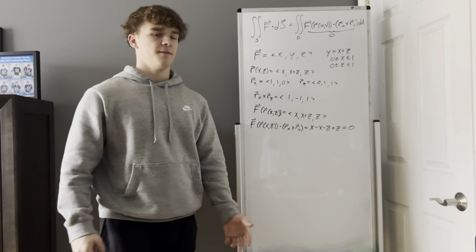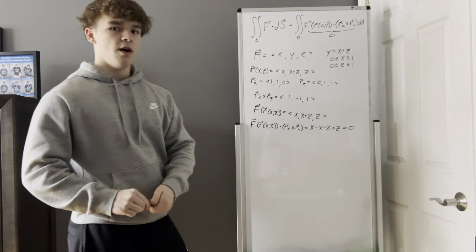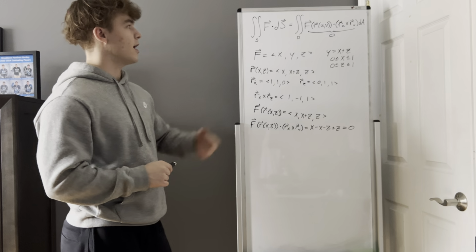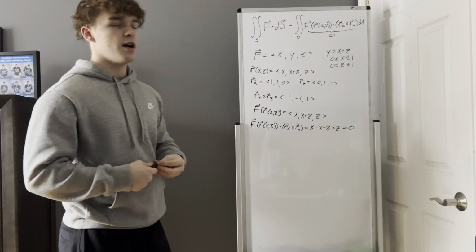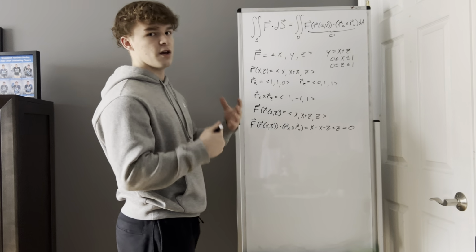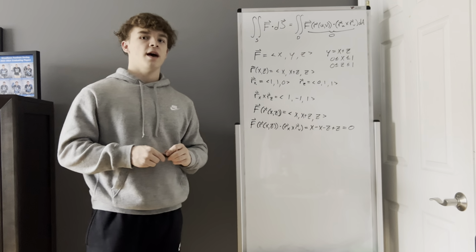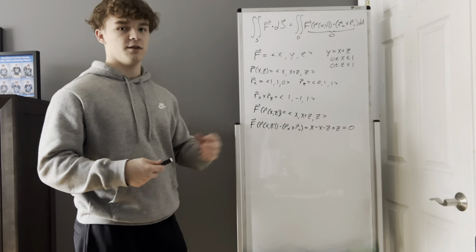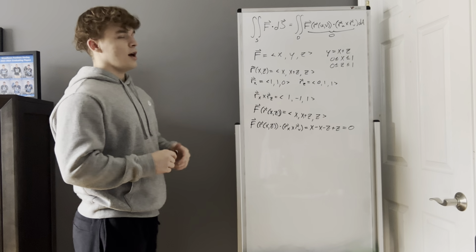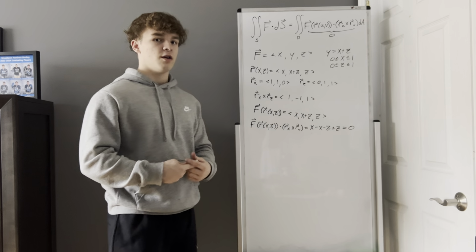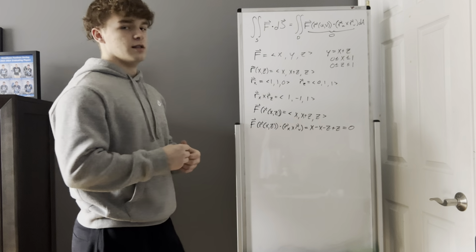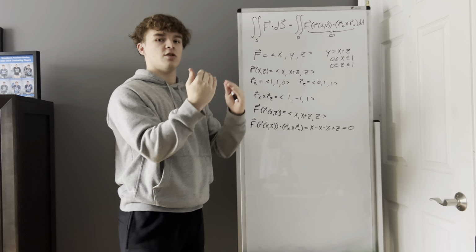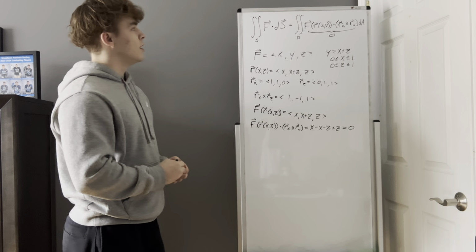But what does this mean? At the start of the video, I told you that the surface integral of a vector field can be thought of as how much of that vector field is going through the surface. In fields like engineering, we would call this the flux of this field. When the flux of a field through a surface is 0, it means that just as much vector field is entering as is leaving.